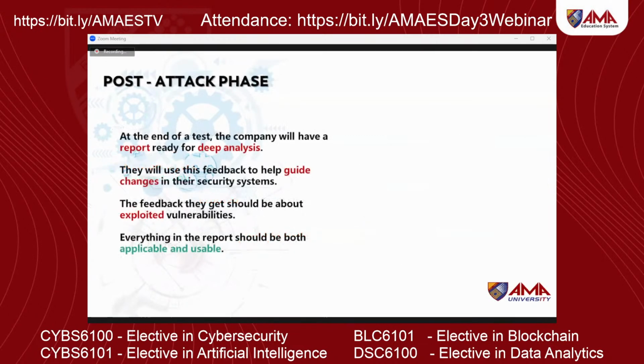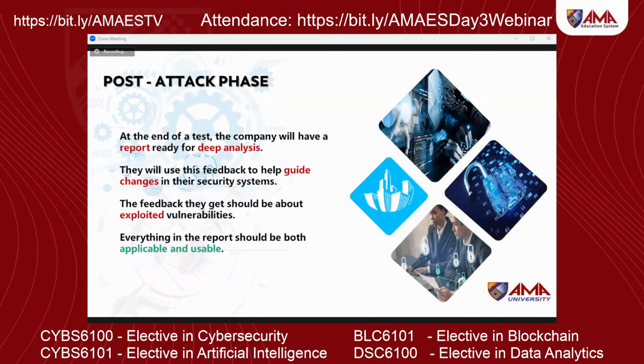And then, let's go to post-attack phase. So at the end of the test, the company will have a report ready for deep analysis. They will use this feedback to help guide changes dun sa security systems. And then the feedback they get should be about exploited vulnerabilities but not inside the company's assets.